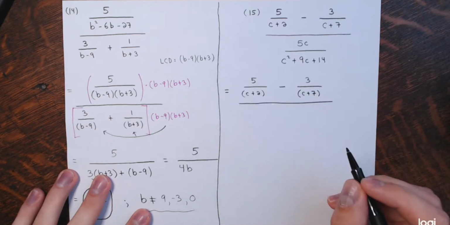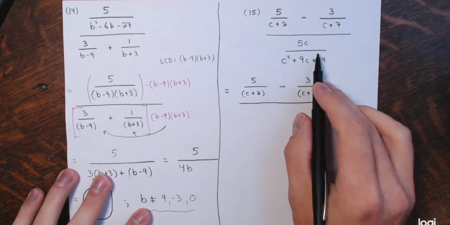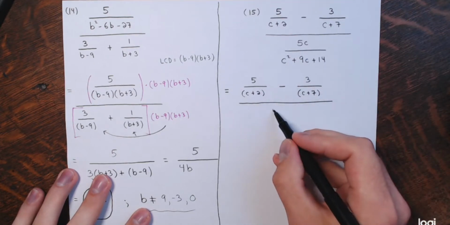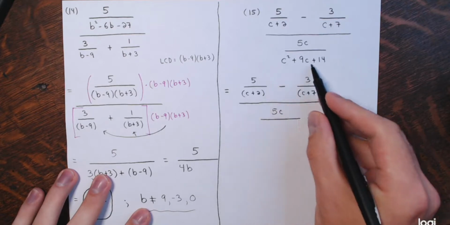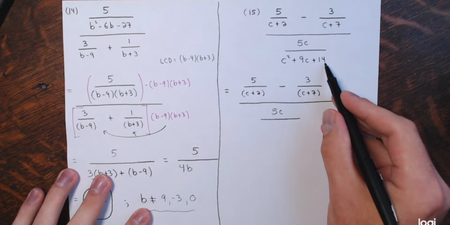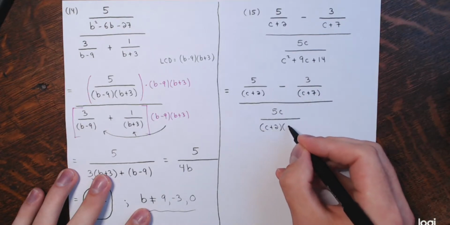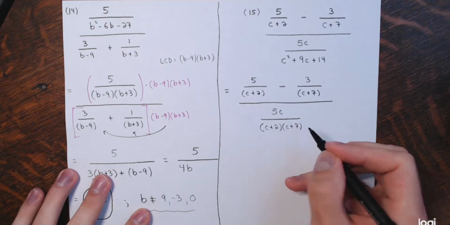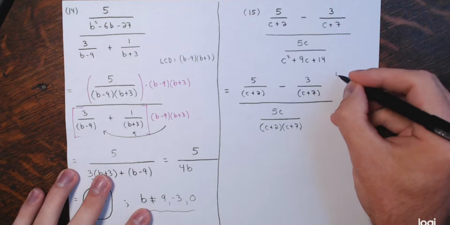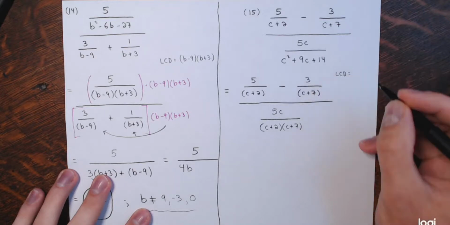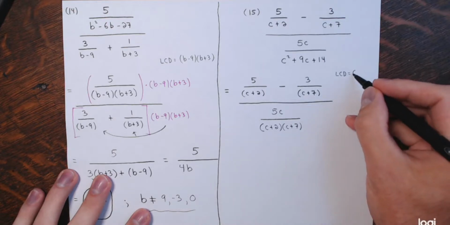And then we have divided by one term in the denominator, and that's 5c over, and then I factor that denominator, c squared plus 9c plus 14 would be c plus 2 times c plus 7. So once again, as in the previous several examples, I'm hoping the LCD is easy to determine after factoring all these denominators, and it would just be c plus 2 times c plus 7.